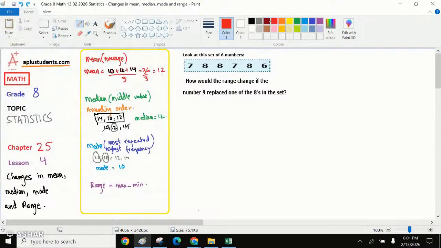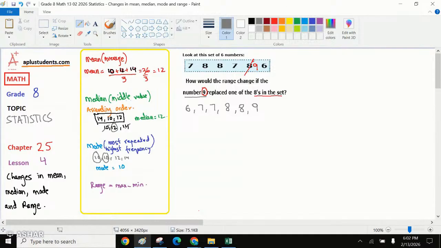So what we need to do is change 9 in place of one of the 8s. Now the numbers that we have in ascending order: 6, we have 2 7s, we have 2 8s, and the new 8 would become a 9 because it has been replaced by the number 9.